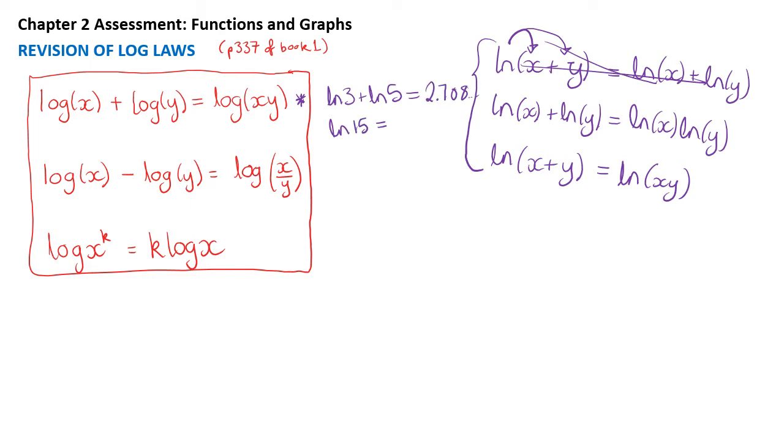And then check log 15 is 2.708. These are the same. That sort of confirms the rule that I've learned there. If I tried it here, I'd be looking at log 3 plus log 5, and then in my calculator doing log 3 times log 5, and I would find that they are completely different answers, not correct.